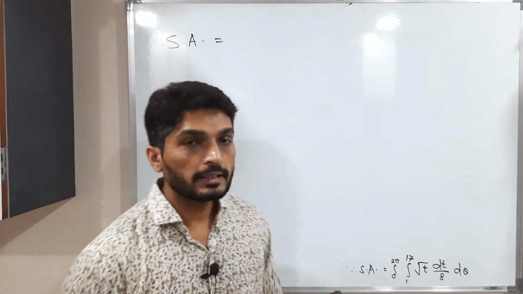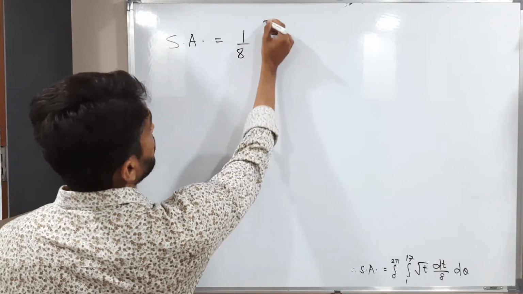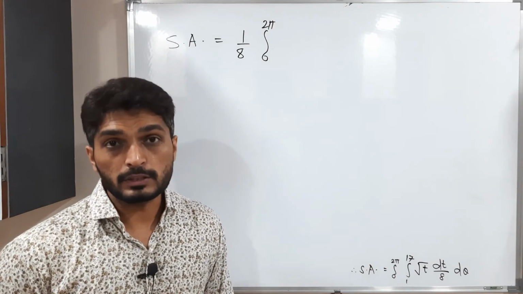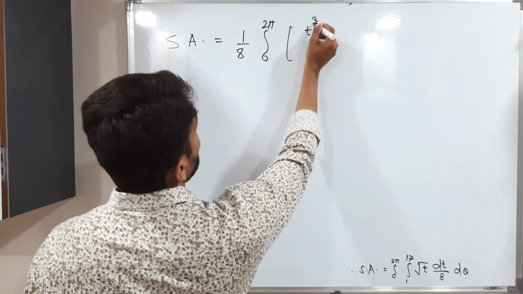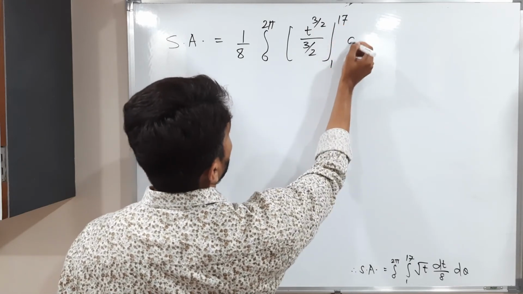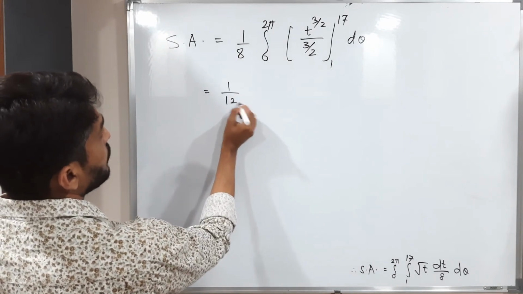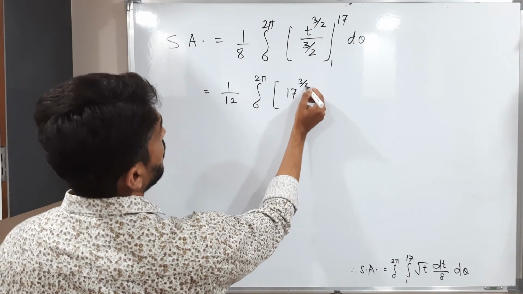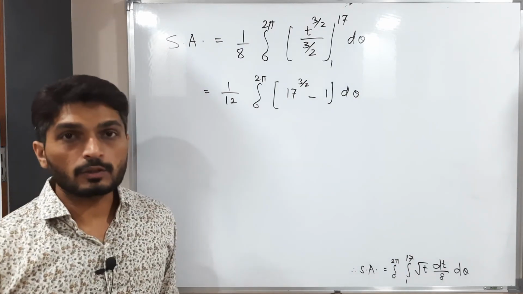Now this 1/8 is a constant, we can take it outside. 1/8 times the integral from 0 to 2π of the integral of √t. √t is t^(1/2), and its integration is t^(3/2) divided by 3/2, with limits 1 to 17, dθ. The 2 will cancel, and we have 1/12 times the integral from 0 to 2π. Putting the upper limit, 17^(3/2), and minus 1 raised to anything is 1, a constant comes outside.